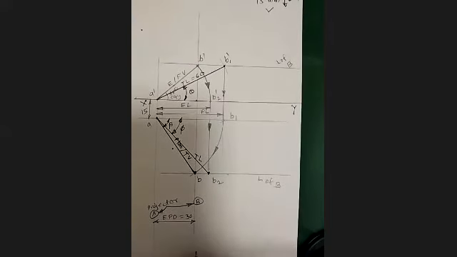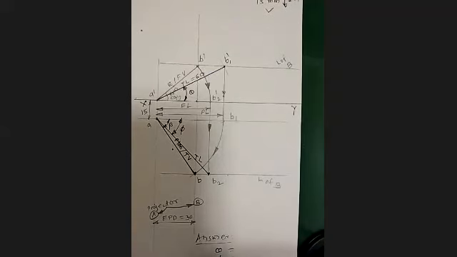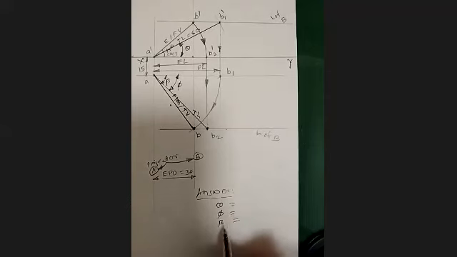Now you can summarize your answer with this table. You can write the answer: unknown parameters here, like theta, phi, beta, then EL, PL, and the TL.